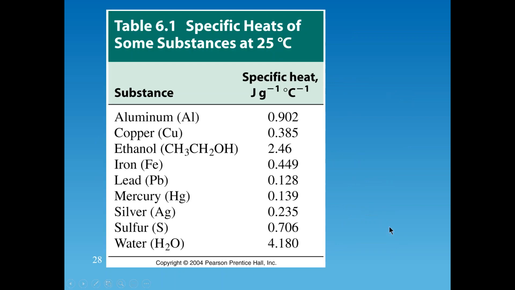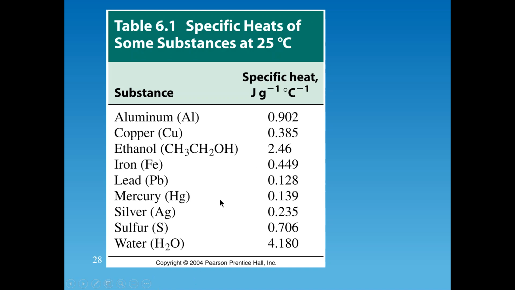Okay, so let me just say this: the specific heat of a substance is a physical constant, just as we have physical constants for other quantities such as density, melting point, and boiling point, and therefore we can use it to help identify the particular substance. So what you're looking at here is a short list of different substances, metals, nonmetals, compounds, etc., and their corresponding specific heat values, right?